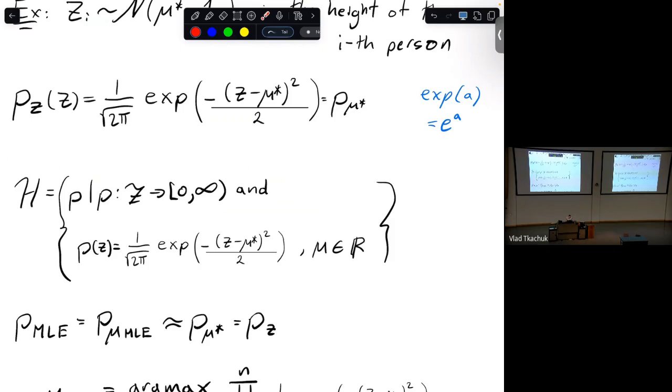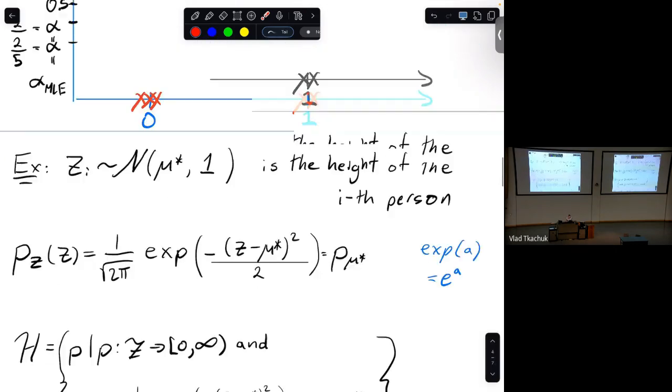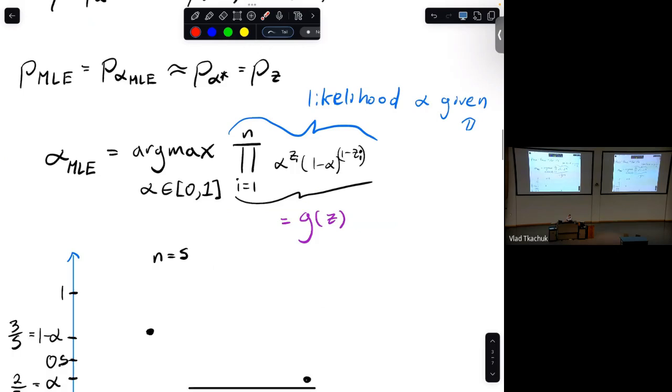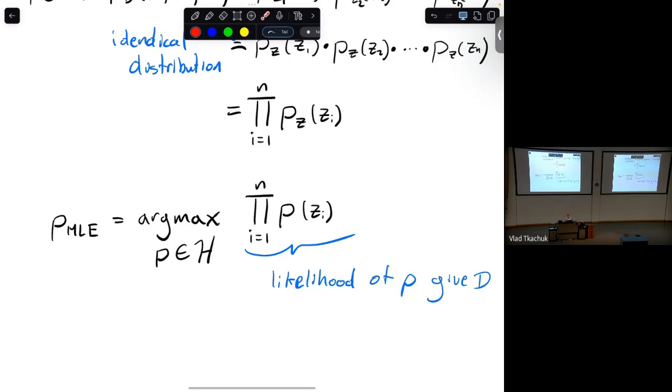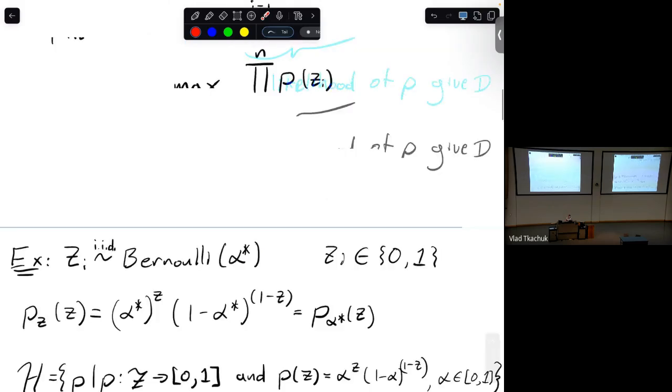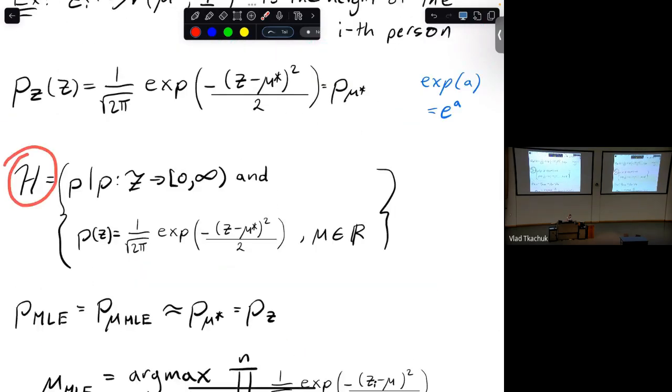And we need to solve this MLE problem, which was this whole argmax business. And in that argmax, we needed to pick this P. And the natural choice for the P, given the assumption that things are following a normal distribution with some unknown mean parameter, is to assume that we're taking this argmax over a class of PDFs, such that each PDF is of the form of a normal distribution.